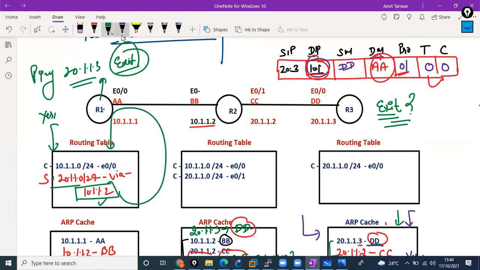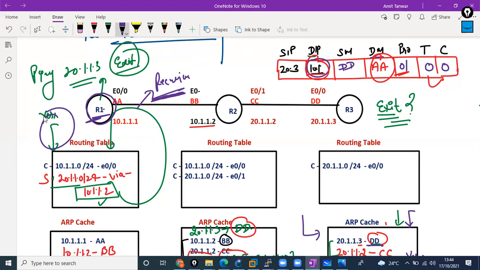This second lookup is known as recursive. When recursive route lookup happens, the router does the same lookup again, which it has just done once. So this is recursive route lookup.